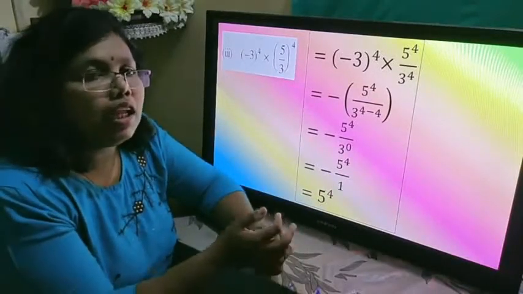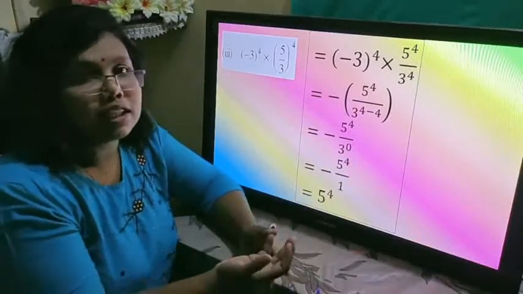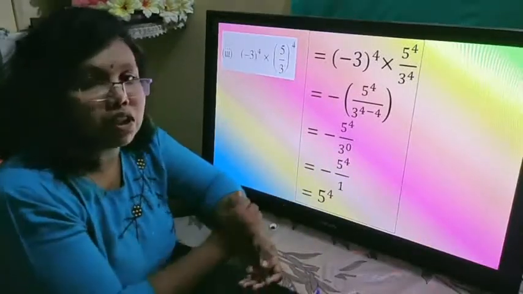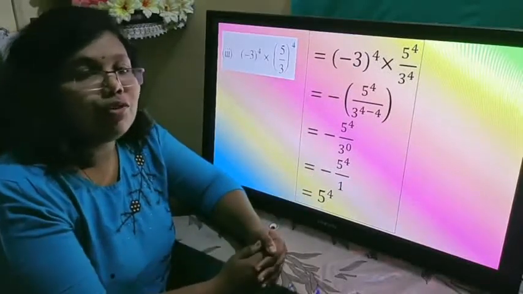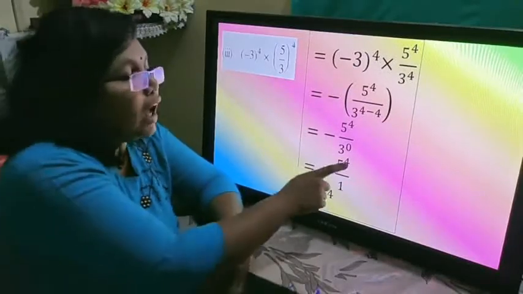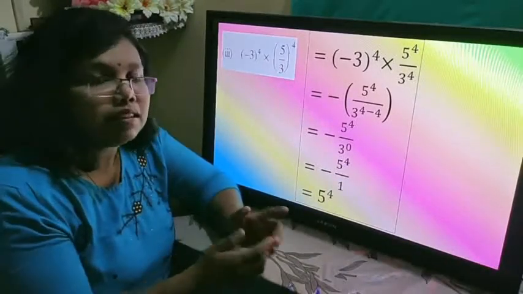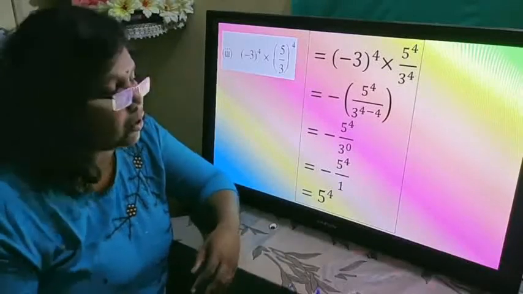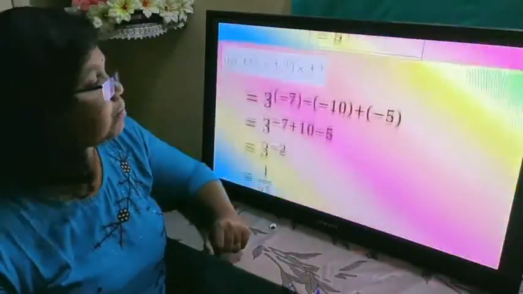Similarly, any even number of power, even number of exponent, even number of index would give you the answer which is positive, even though the number is negative in itself. But if we have an odd number as the exponent, then that minus sign is retained. This is an important thing that should be remembered. That is why our final answer is 5 raised to positive 4.